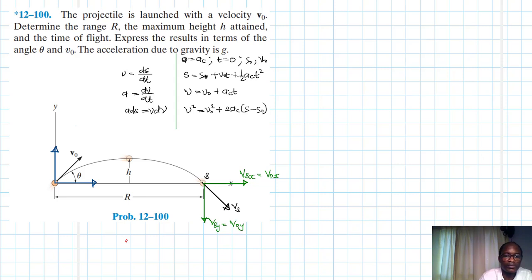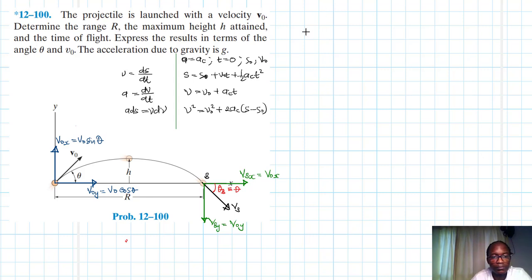Then v naught x is equal to v naught cos theta, and v naught y is equal to v naught sine theta. Let's imagine this is our theta_B here. Therefore, this theta_B at this particular point will be equal to theta. Is that fine?